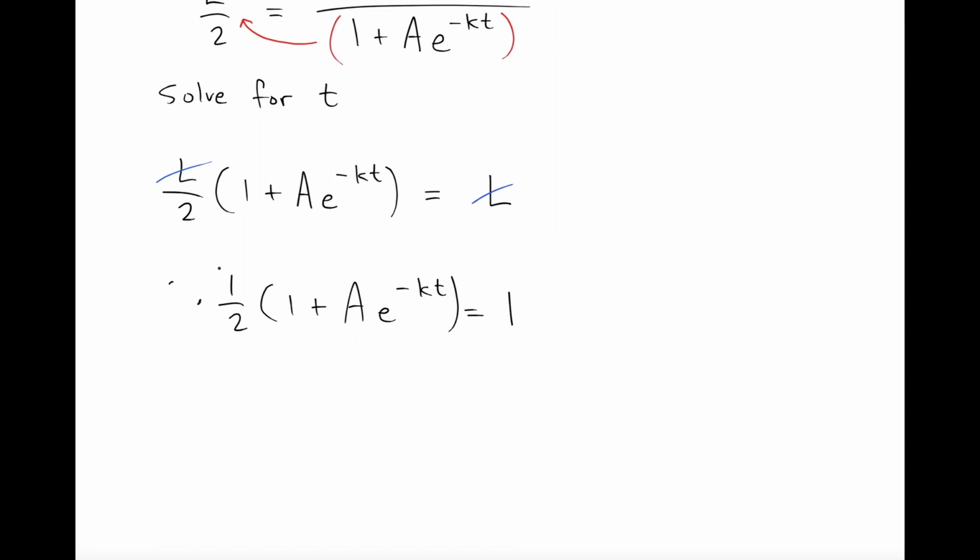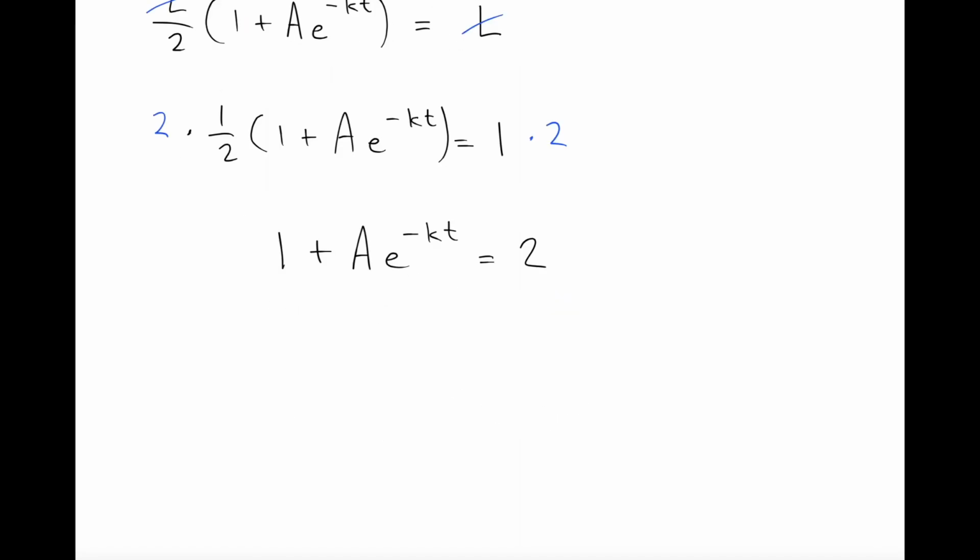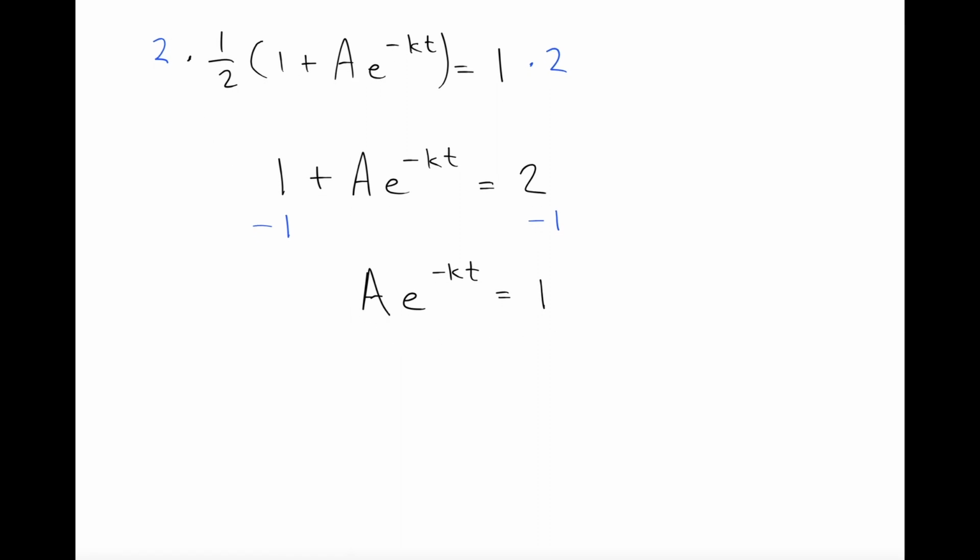Now I'd multiply that 2 to the other side. Next step would be to subtract 1 from both sides. Now we'll divide by A.